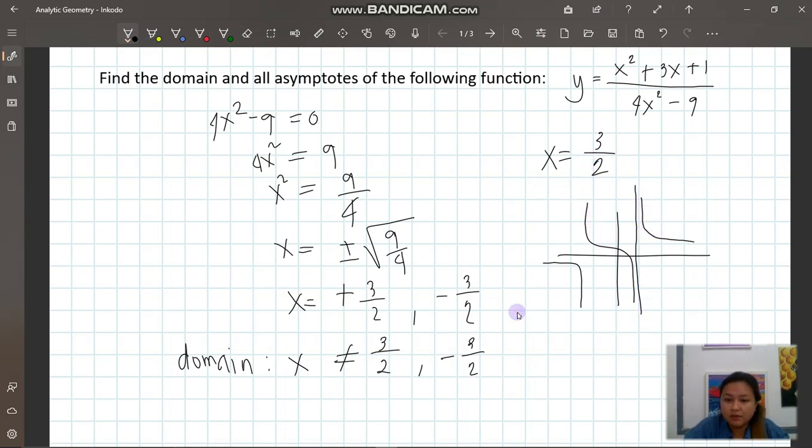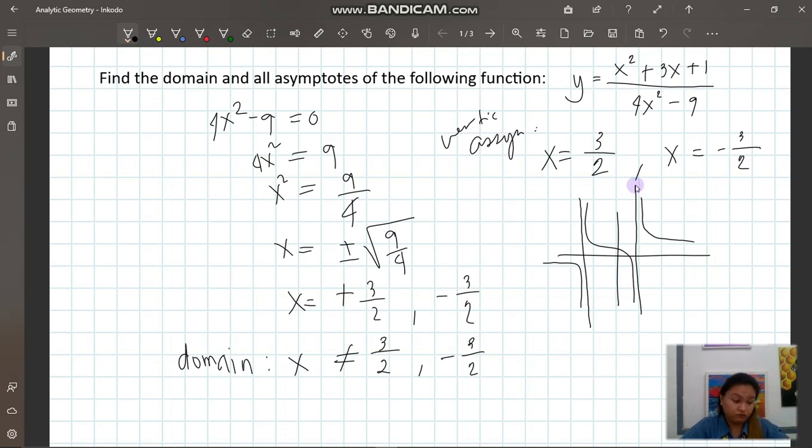The same goes for x is equal to negative 3 halves. So the vertical asymptotes are the line x equals 3 halves and the line x equals negative 3 halves. So the domain and the asymptotes are related.